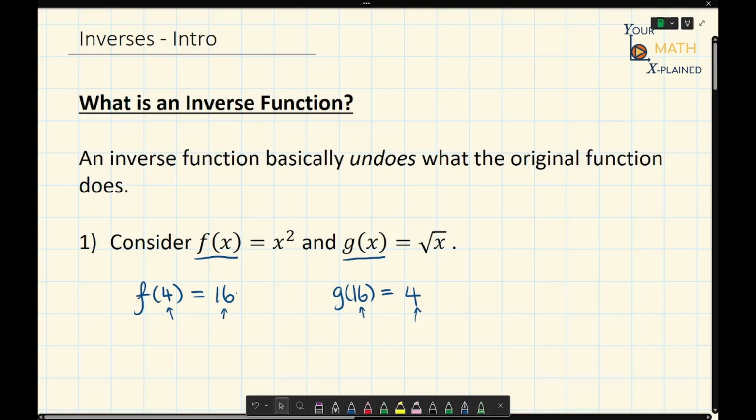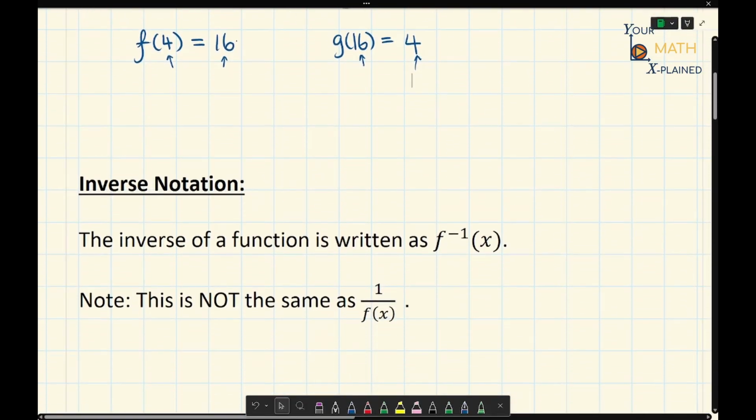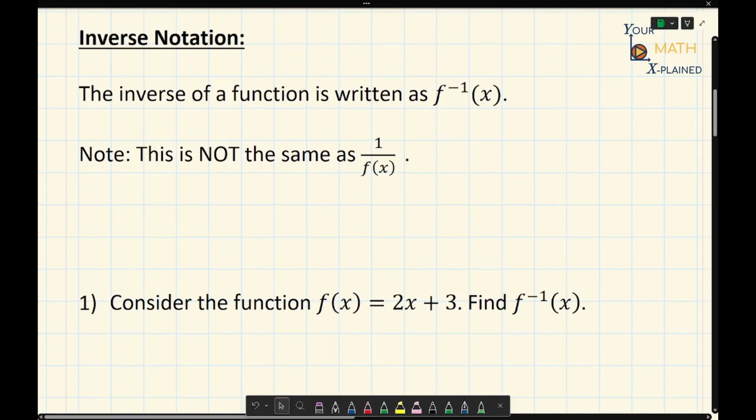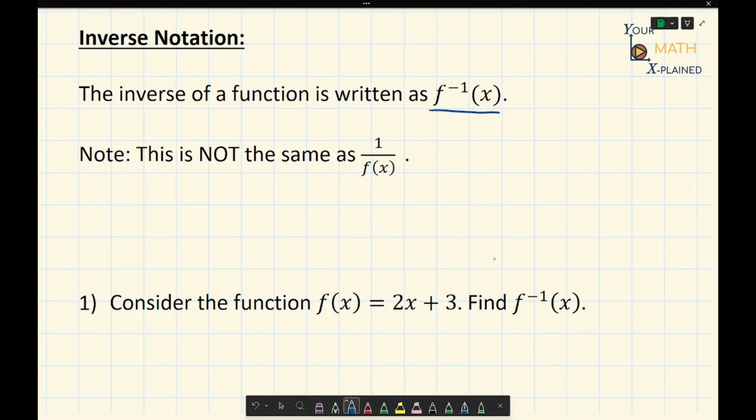So now let's take a look at the notation. This is what we call the inverse notation. The inverse of a function is written as f, with a superscript -1, and then x.